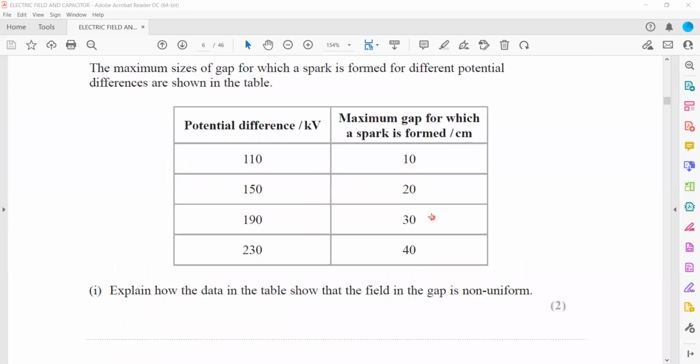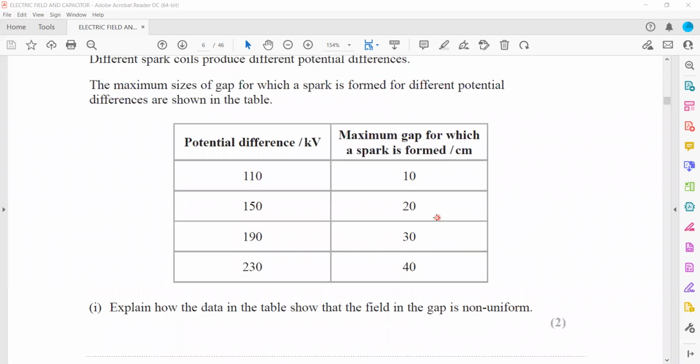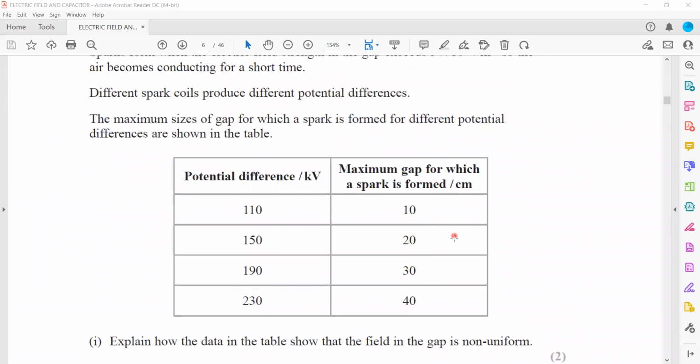Explain how the data in the table shows that the field in the gap is non-uniform, meaning it is not a constant electric field. The strength of the electric field between parallel plates is given by V = Ed, so E = V divided by d.